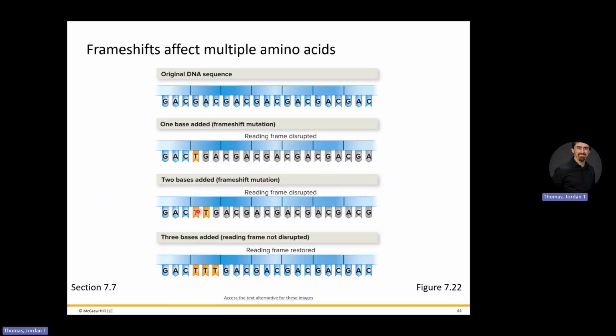If we insert 2 base pairs, two T's here, we still get a whole change in the frame. But if we insert 3, the reading is restored, because then we get GAC, GAC, GAC again, and so forth. And that's because, remember, a codon is 3 letters, 3 bases. So if we insert 3 bases, we're inserting a full amino acid here, and the rest of the amino acids are the same.